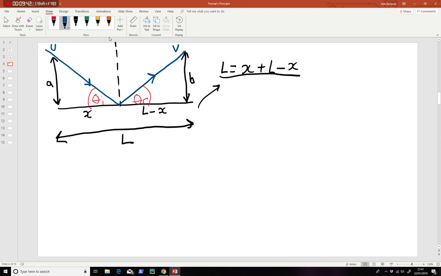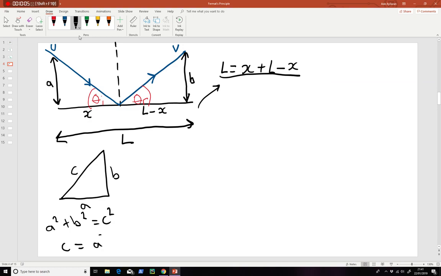Trigonometry says that if you have a triangle with a side A and a side B and a side C, which would be the longest side, aka the hypotenuse, then a squared plus b squared will equal c squared, such that c equals the square root of a squared plus b squared.